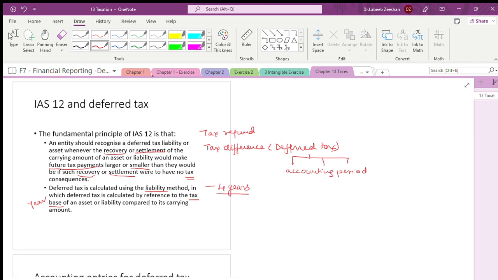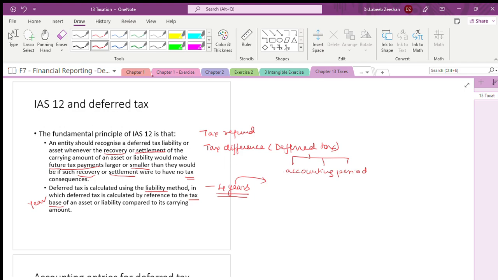They mention that if there are any adjustments in the taxes, you can adjust them in the next 4 years. As per the ACCA rule and as per the tax rules of most countries, you have this provision. Sometimes you delay the payment of tax.